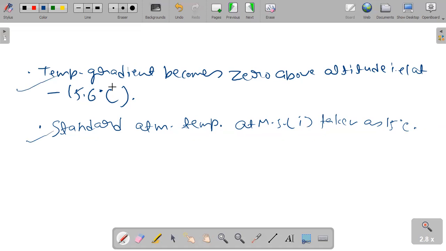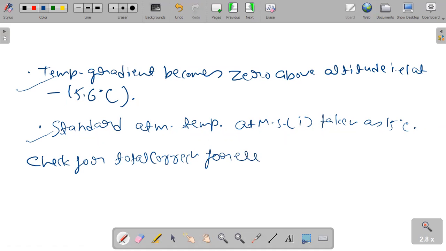Let's move on to another thing: the check for total correction for elevation plus temperature.